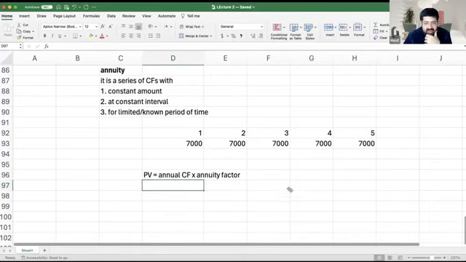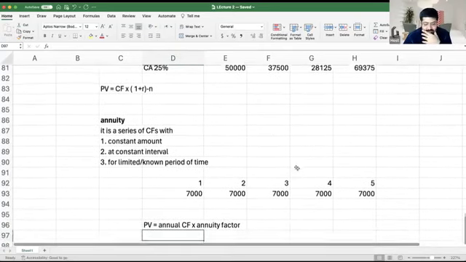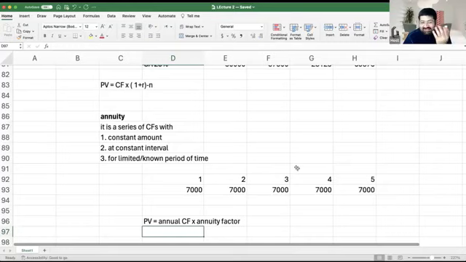Anjani, I didn't understand your question. Annuity I'm discussing. No, you can't see the annuity I'm discussing right now? No, no, no, no. I have not discussed perpetuity.